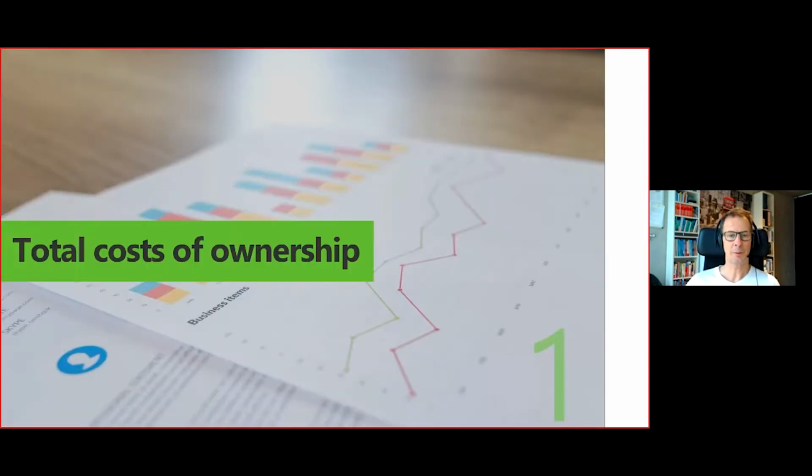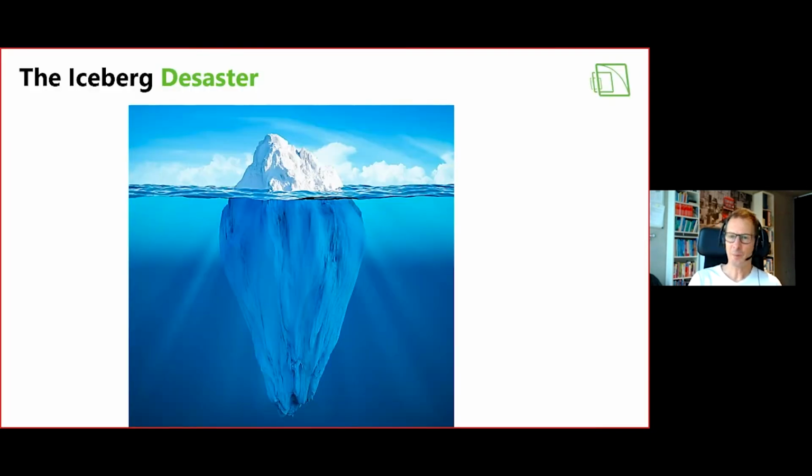Total cost of ownership: there is an iceberg disaster when we are talking about investment into a new system, like a VMS system. When investing into a system, first of all we will see the CapEx, the capital expenditures.